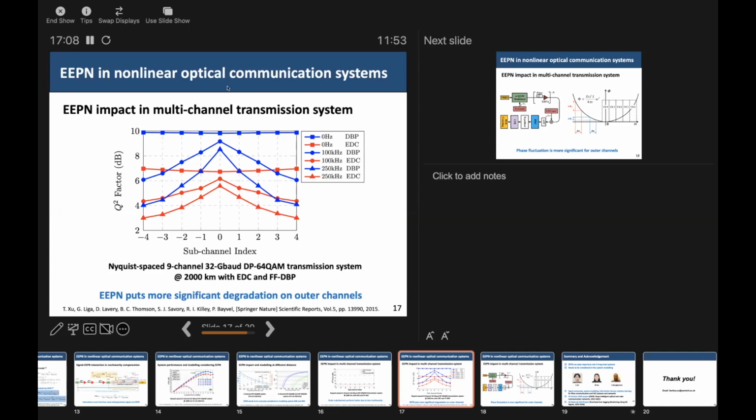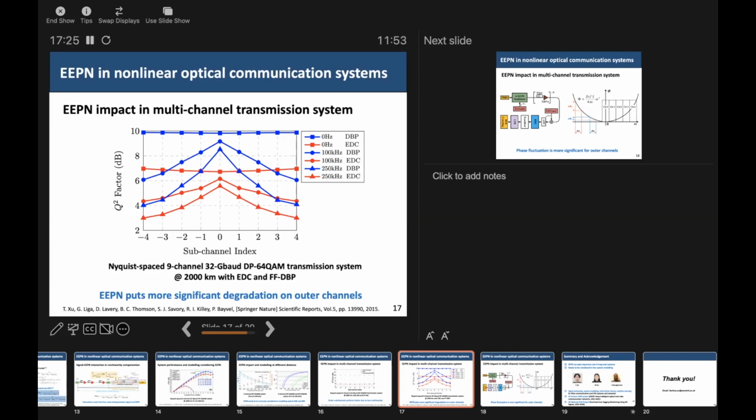So this is exactly the reverse of the previous analysis of digital backpropagation or any other digital nonlinearity compensation, where we don't consider the impact of equalization enhanced phase noise.